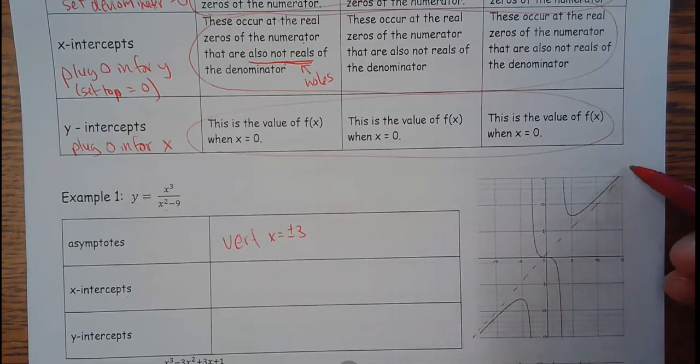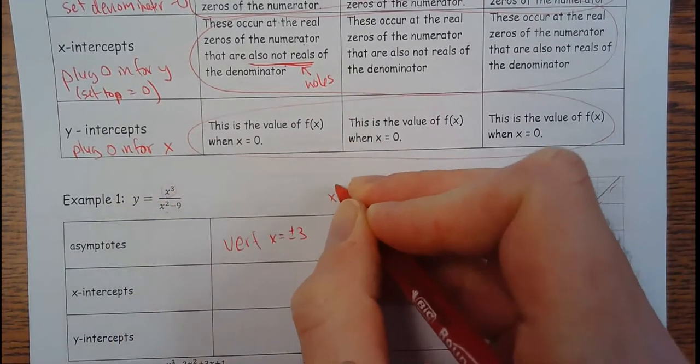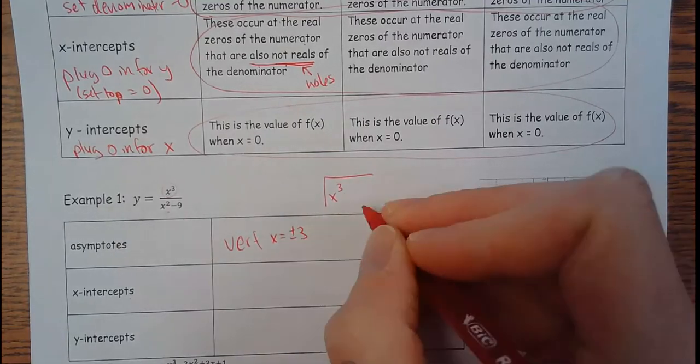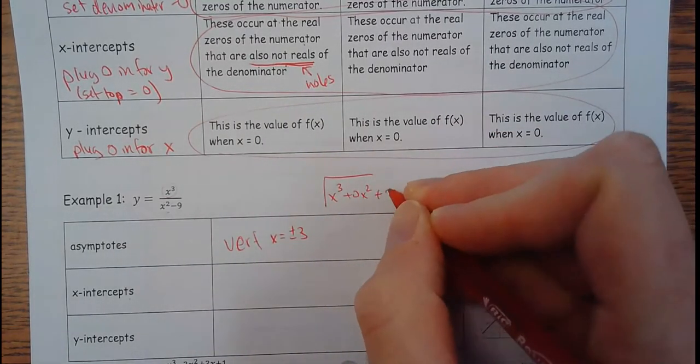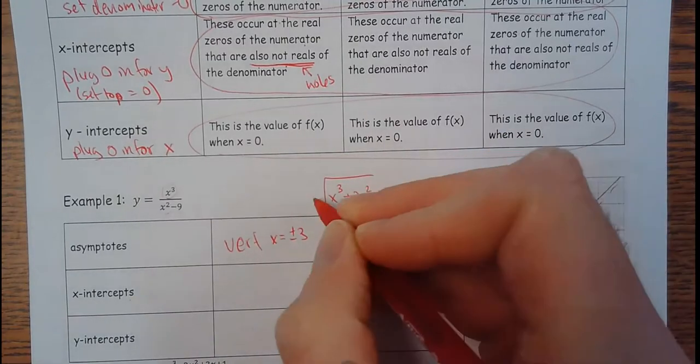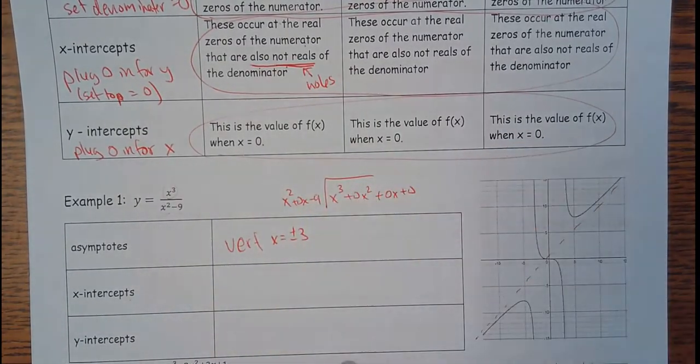As I go to infinity, I'm following a straight line. As I go to negative infinity, it's following a straight line. I need to figure out what that is. So what I do is I take the top, this would be no x squareds, no x's, and nothing, divided by x squared plus 0x minus 9.